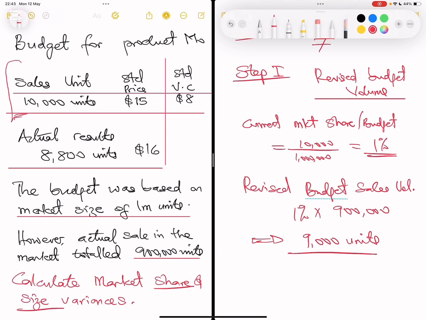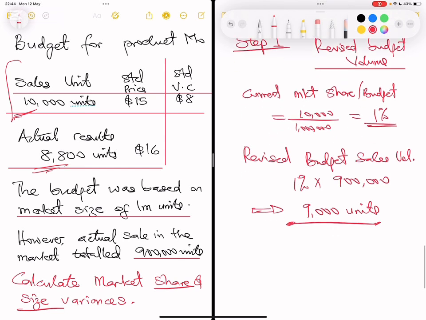And remember what I told you: once this figure is different from actual, as you can see, it's different, there's an issue with market share. And once this figure is different from the budget, there's an issue with the market size. So both of them are different, and now we need to calculate the exact figure for this. Because what we're saying is that, in reality, in this current market, we should be selling 9,000.